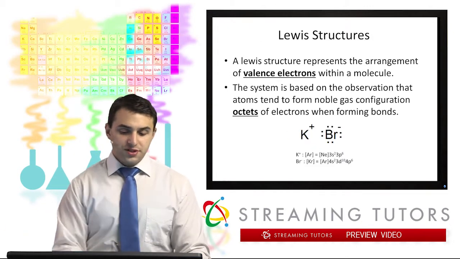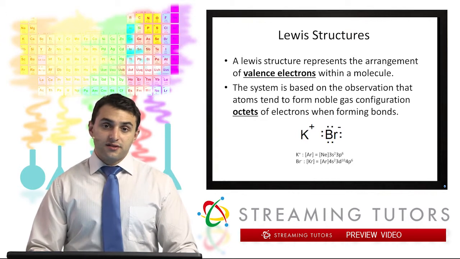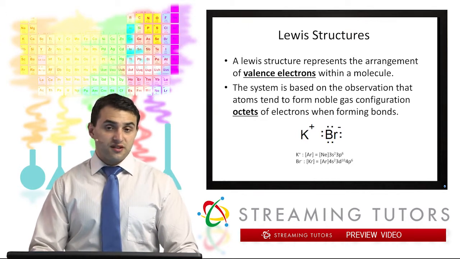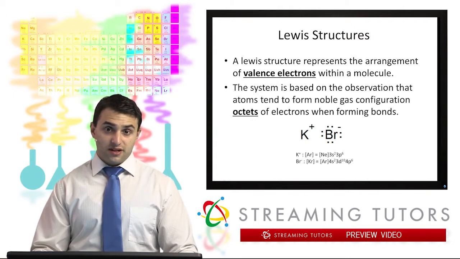A Lewis structure is a representation of the valence electrons of a molecule. As we know, valence electrons are just the ones in the highest energy orbital, the highest principal quantum number, that's the quantum number n.